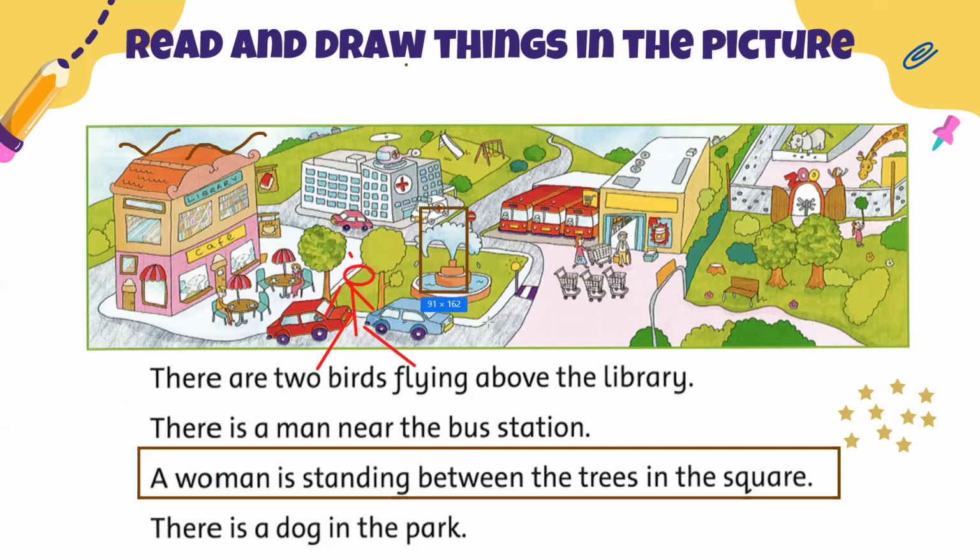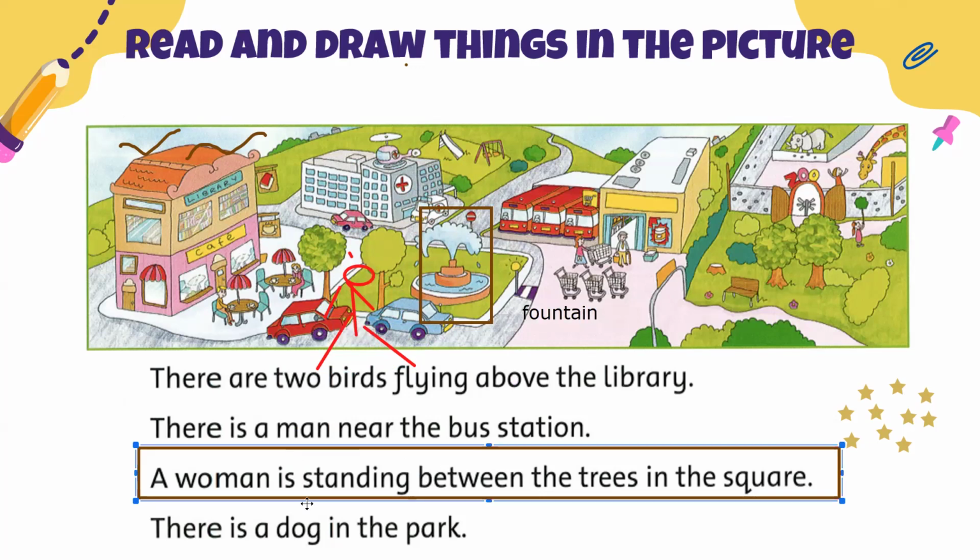This is what we call a fountain of water. So here when we say between the trees, that means it's in the middle of the two trees.